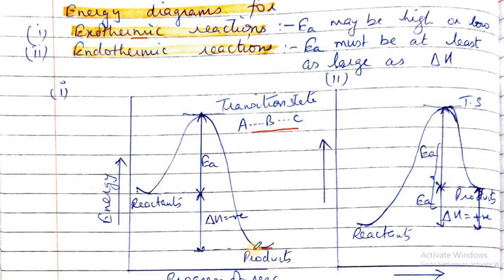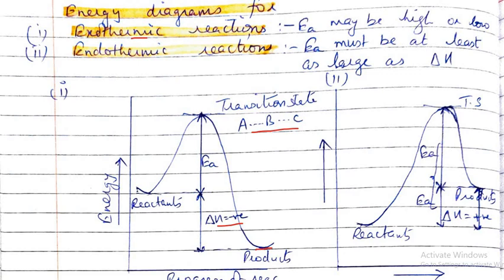This is the energy of products and this is the energy of reactants, that is, the energy of reactants is more and the energy of products is less. This amount of energy is released, that is, it will be negative. So delta H is negative in exothermic reactions.